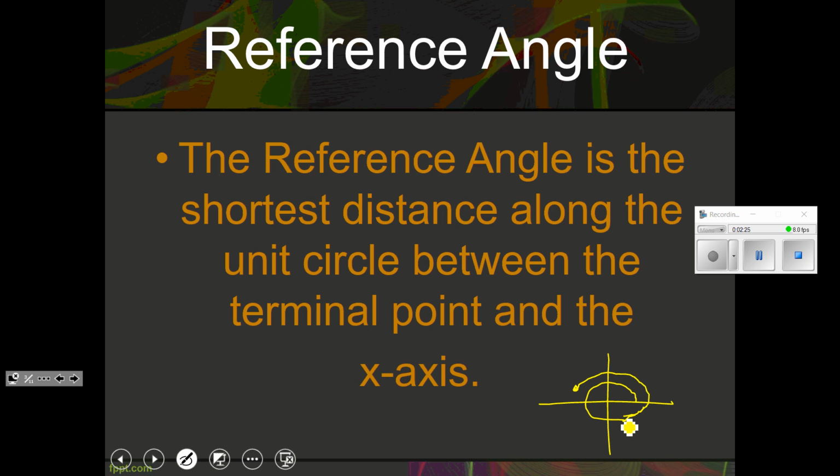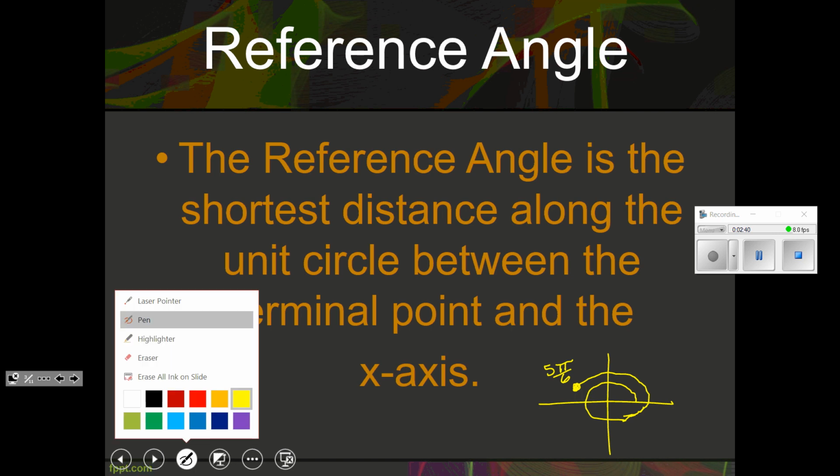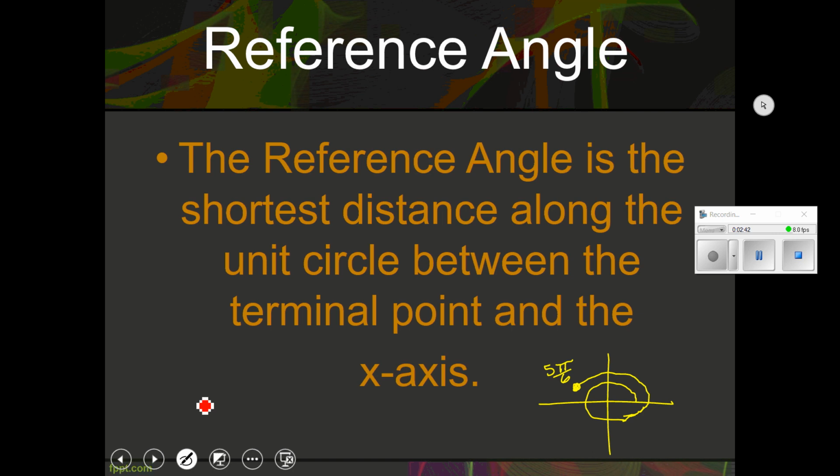Let's just say I stopped over here at 5 pi over 6. What's the shortest distance between this point and the x-axis? From here, where's the x-axis? Here, right? I want to know the distance from there to there. That's going to be your reference angle.